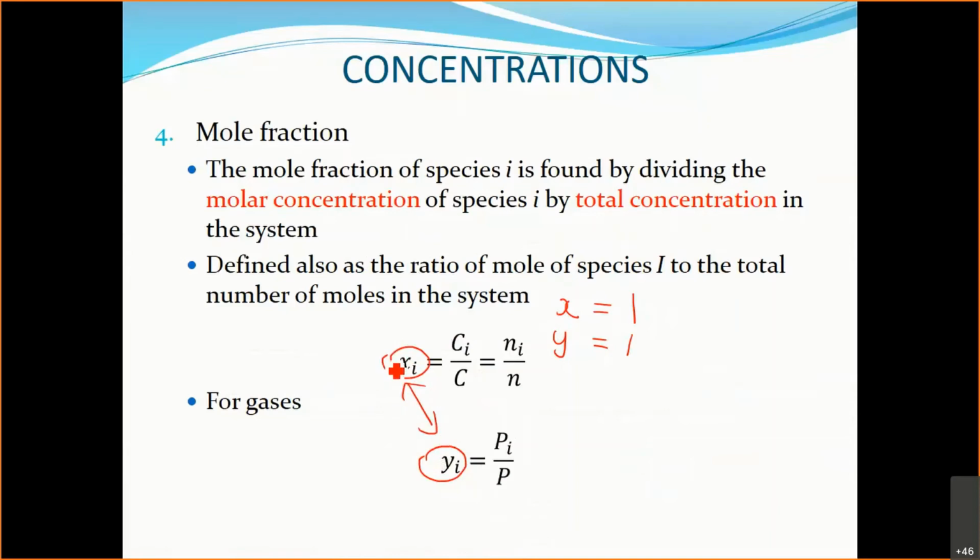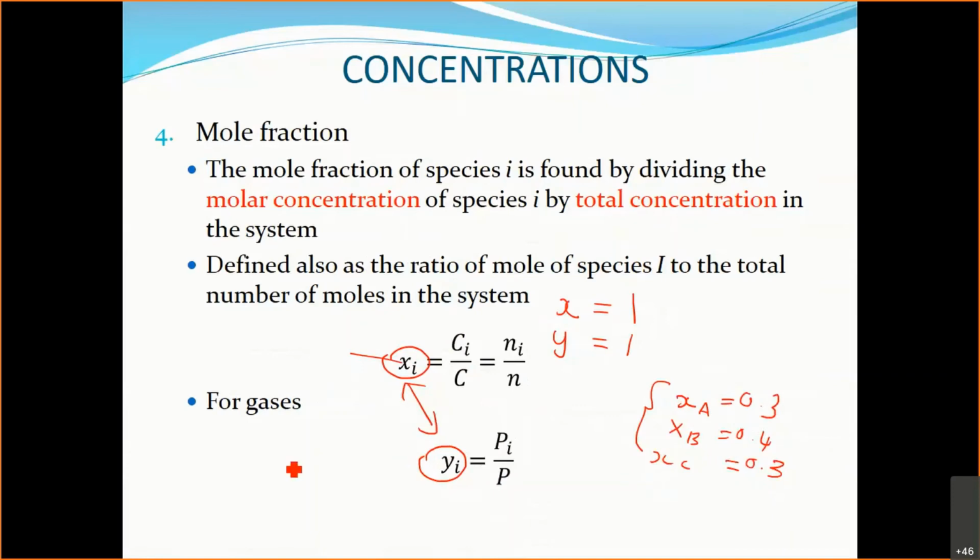When you see any problems or questions saying that XA is equal to 0.3, XB is equal to 0.4, and XC is equal to 0.3, automatically in your mind you can say that, okay, this is in liquid form.